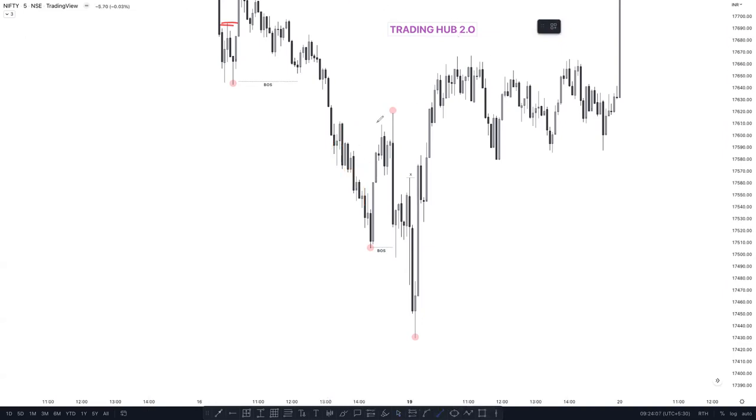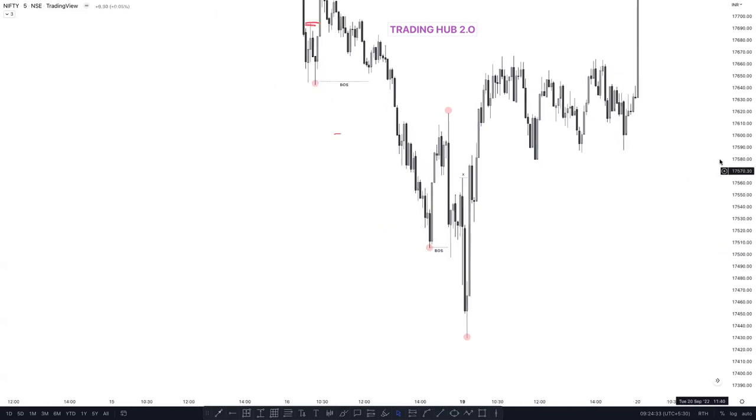Okay, it is here, right? And then it continued pushing downside, and this slightly broke here also, so we can also mark this. This is also an inducement. Okay. So this is our inducement, and after taking out the inducement, we can sell, right?